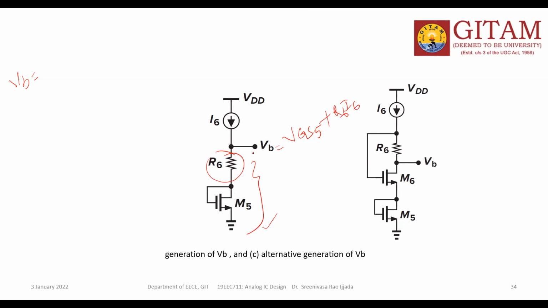Clear? Okay. Choose the I6 value and M5 dimensions. Dimension is W by L ratio.